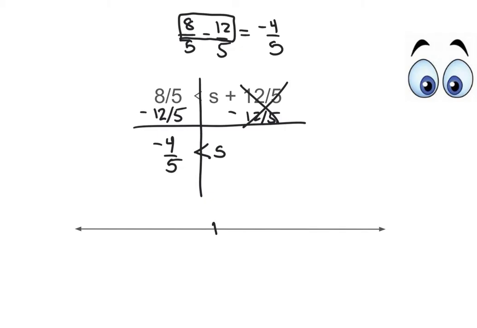We'll plot our point. -4/5 is our value. S is greater than but not equal to, so the circle stays open, and the arrow goes to the right.